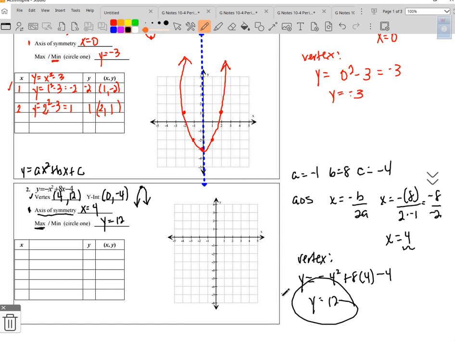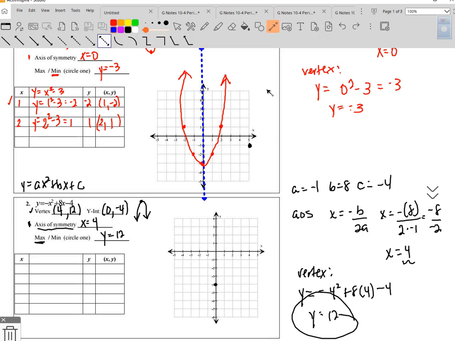So from here, because our vertex and our y-intercept are not the same, we are going to go ahead and graph the y-intercept at negative 4, and the vertex at 4, 12, so that's 4, that's about 8. I know it's up in our other graph, but we're going to go about up to here, 4, 12. We have to draw our axis of symmetry, which is a vertical line at x equals 4, remember.